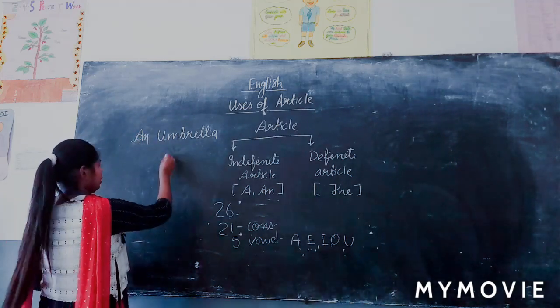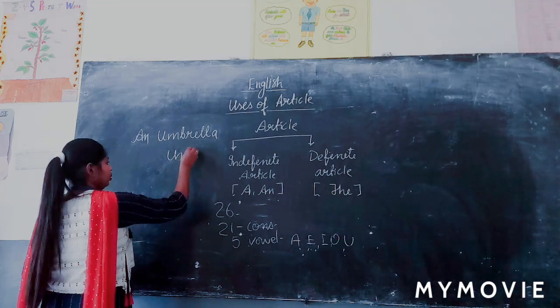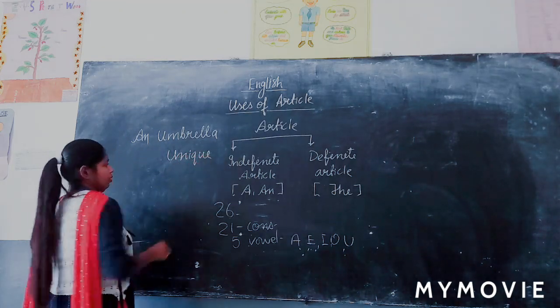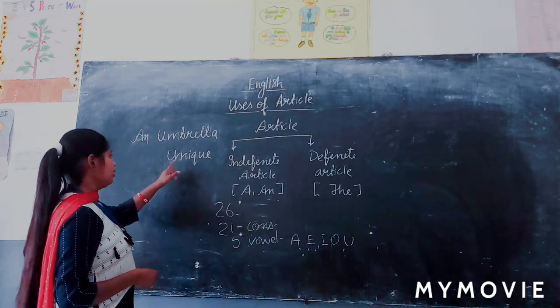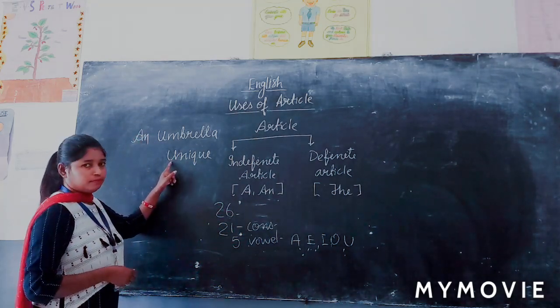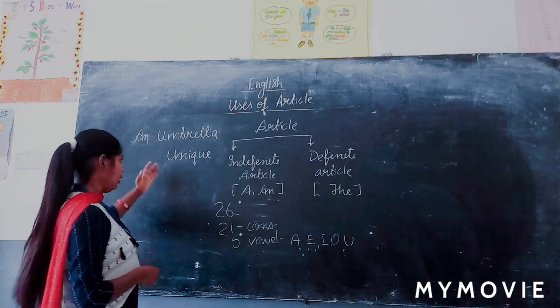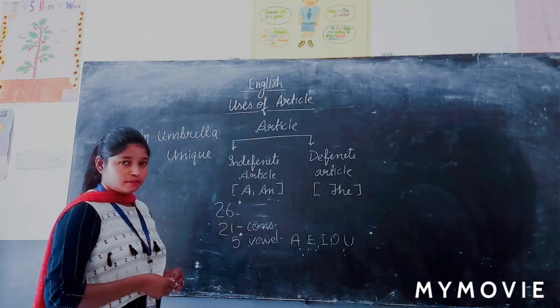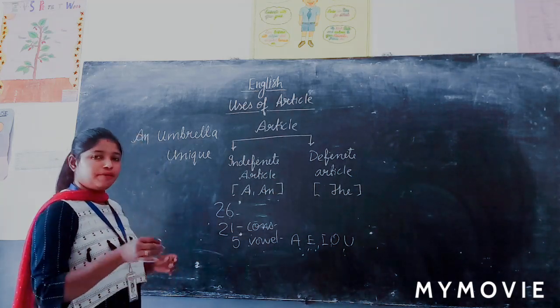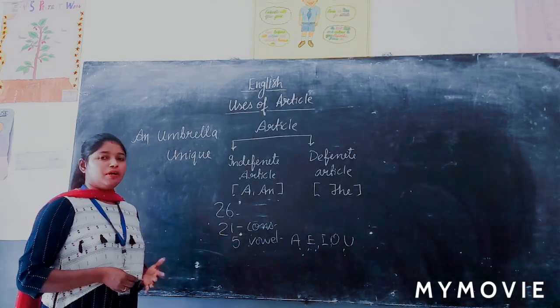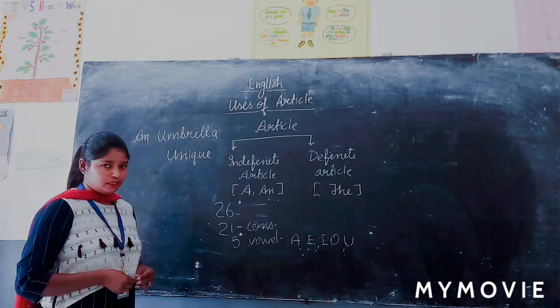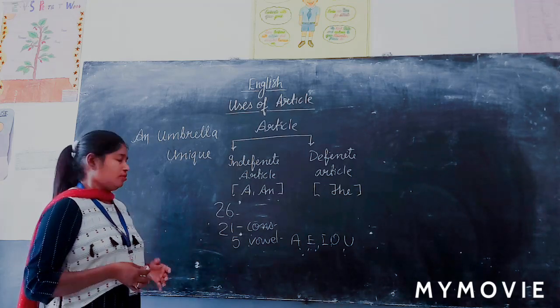Now let us see another example: unique. Here unique starts with the vowel U, so should an be used again? No, an will not be used. Why? Because it depends upon the sound of pronunciation, how it sounds.